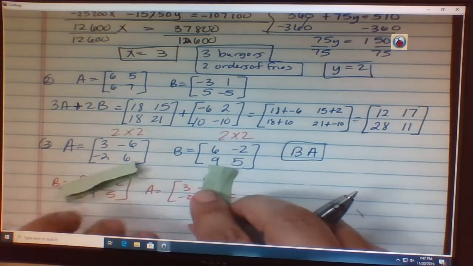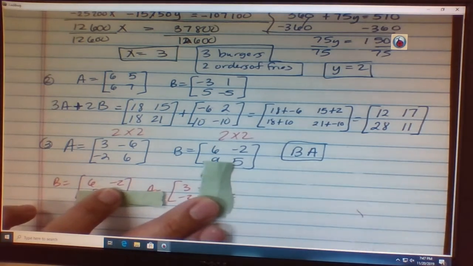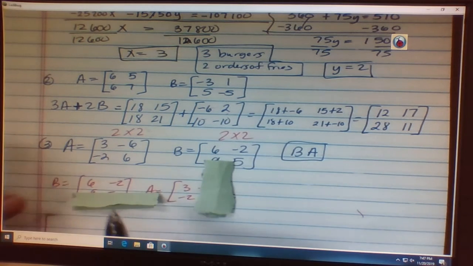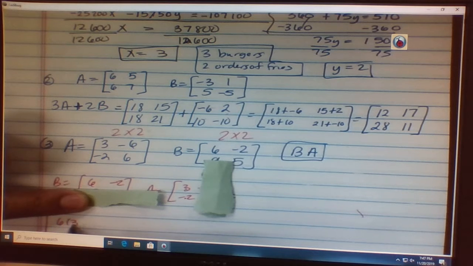So here, rows by columns. When you do the row by column, you have to do this times this plus this times this. So I have 6 times 3 plus -2 times the -2.